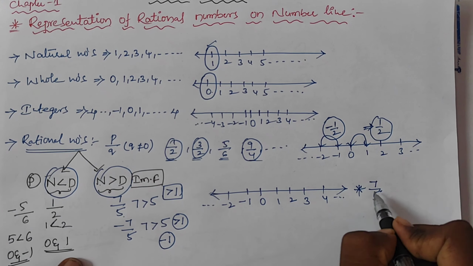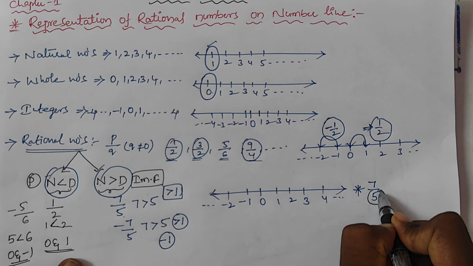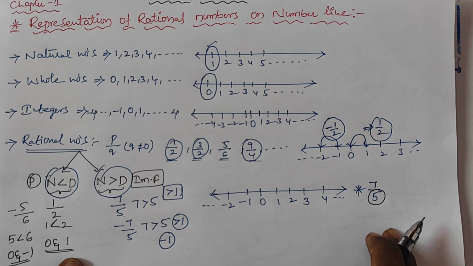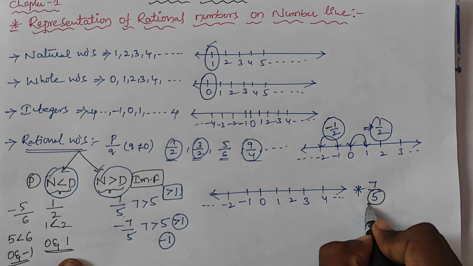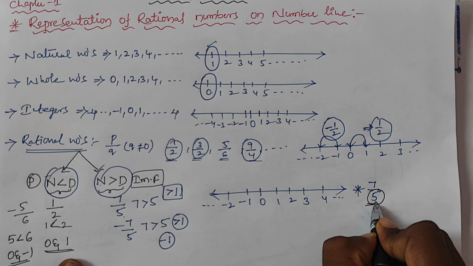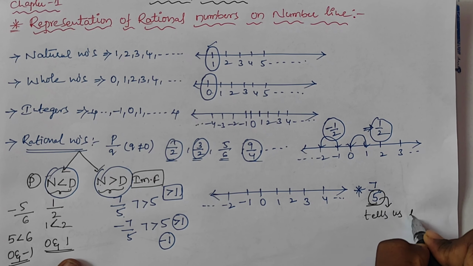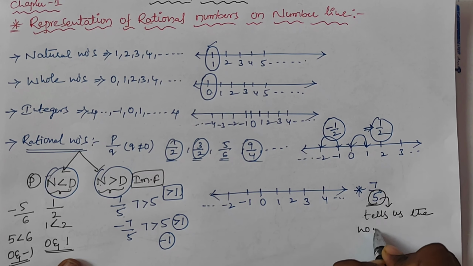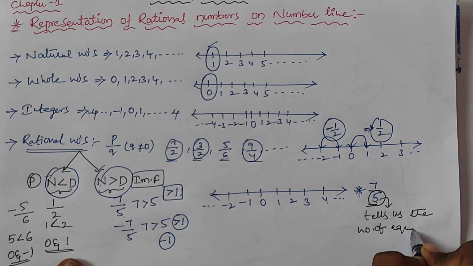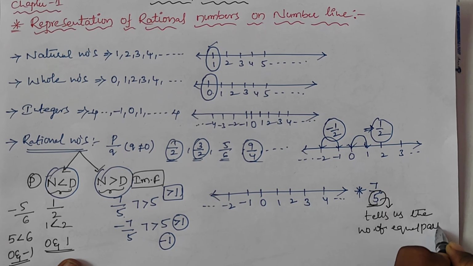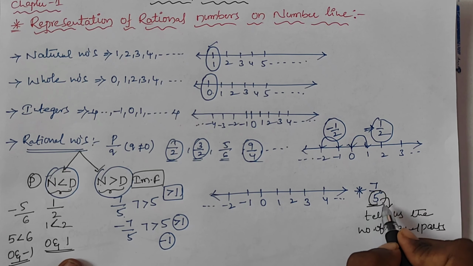So in 7 by 5, first we have to choose the denominator. With respect to the denominator, we have to solve. Now, what does the denominator say? The denominator tells us the number of equal parts. Here what is the denominator? 5.